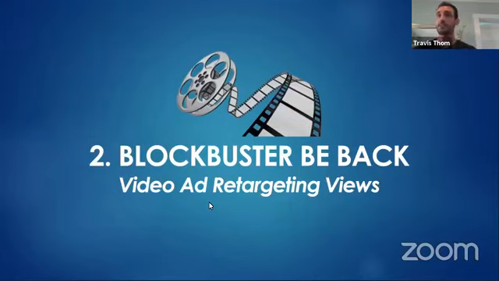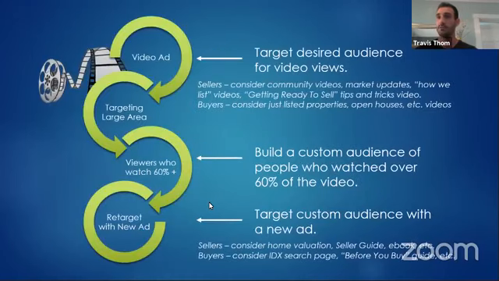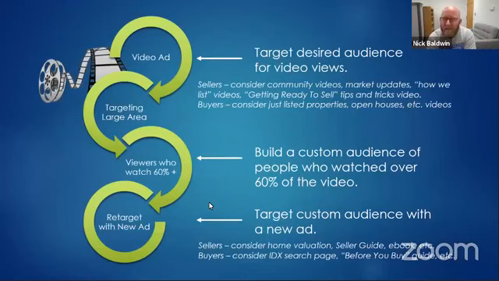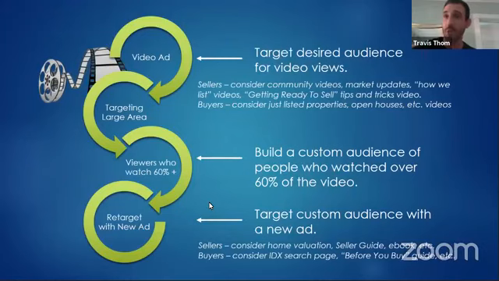All right, Blockbuster B-backs. This is a strategy that you can use with video ad retargeting views. Essentially you're going to be running a video ad, and Nick, I thought of you with this one. You did? The whole time. I am honored. Ideally this video is a community video, market update, just listed property or just sold, whatever it might be.